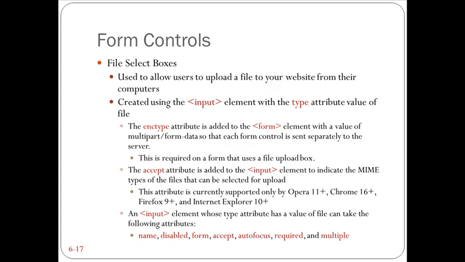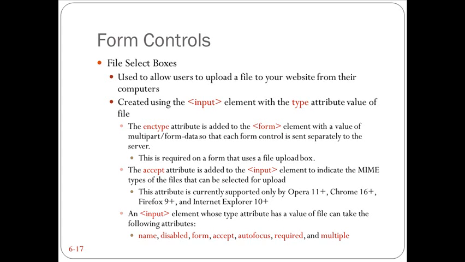You can also use a select box to upload a file to your website from the user's computer. It's created using the input element with the type attribute having the value of file. The encryption type attribute is added to the form element with a value of multipart/form-data, so that each form control is sent separately to the server.